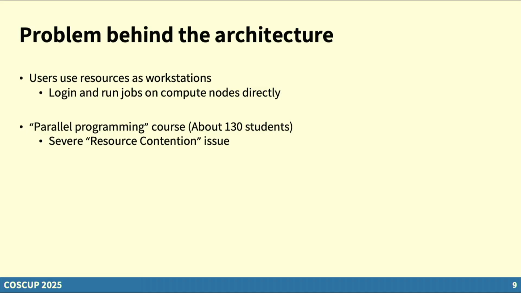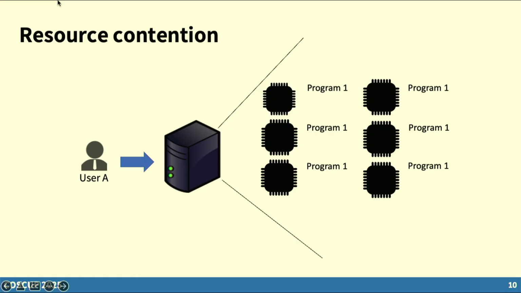But this kind of architecture means many problems. The first one is that users log in just like on a workstation. In parallel programming, there are about 130 students, and we only have 40 compute nodes, so it has a severe resource contention issue. I will give an example of what resource contention is.